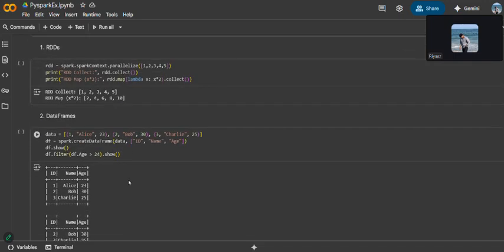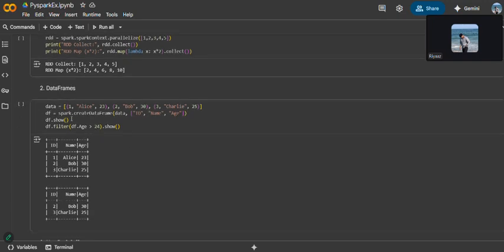Now we are going to see about DataFrames. Basically, a DataFrame is a distributed collection of rows and columns with a schema. It is like a database. It supports SQL-like operations. Now we have given data as 1 Alice 23, 2 Bob 30, 3 Charlie 25. These are the data mentioned below, like ID, name, age.